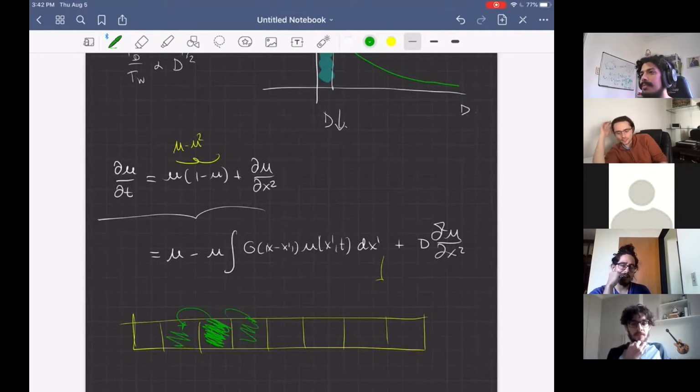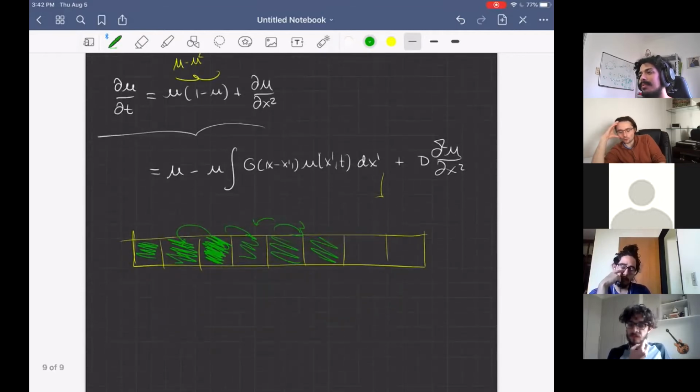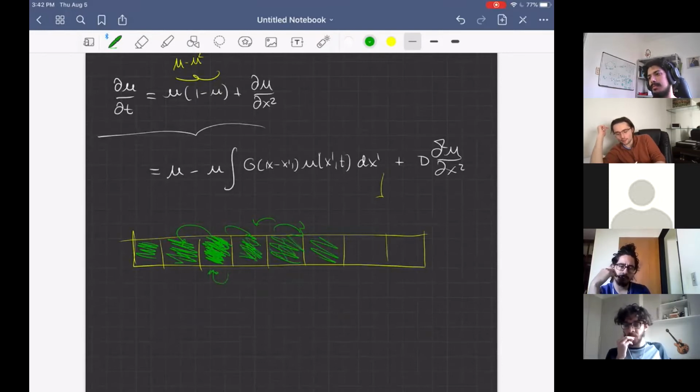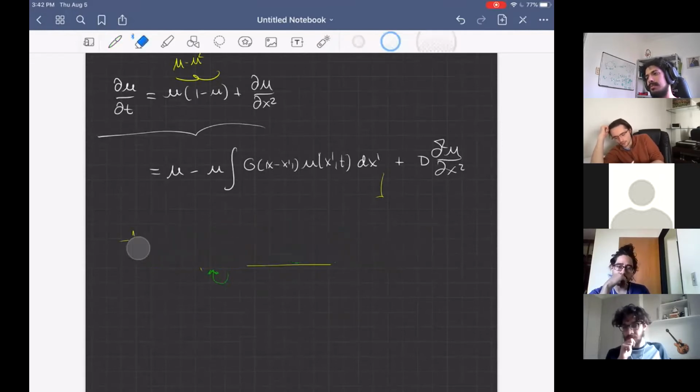Remember that we said one of the assumptions to derive this equation is that reproduction happens independently in each of the cells, and then individuals just jump from one place to the other. What we are going to see tomorrow is what happens if reproduction in these places is enhanced by the presence of individuals here, but it is inhibited, repressed, by individuals far away. So for instance, imagine that, and I think this is a nice way to give an introduction without putting more math, because I think we are all tired of math.